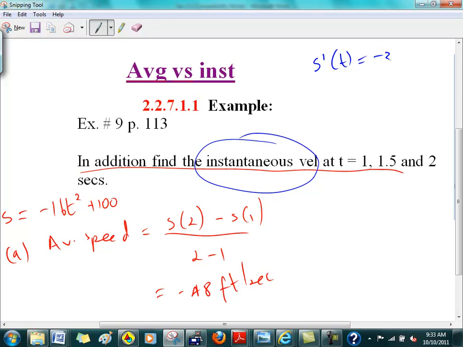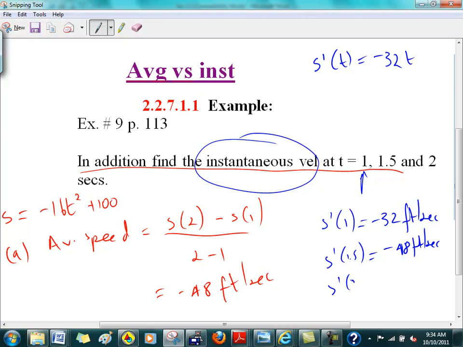Negative 32t. And if you want it at 1 second, what's it going to be? Negative 32 feet per second. And to get it at 1.5, negative 48 feet per second. And at 2, negative 64 feet per second.